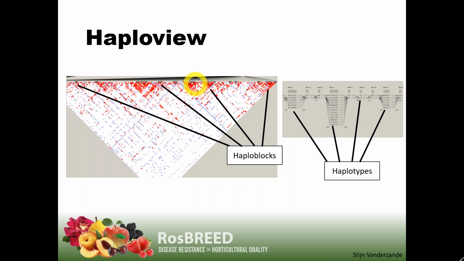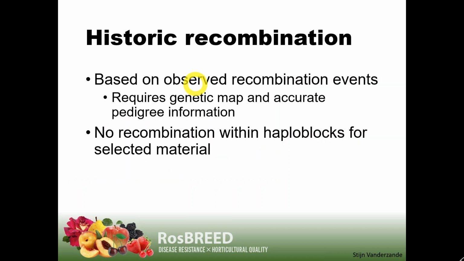I'm not going to go much more into detail about HaploView because it's not the way we've been doing it in RosBREED. In RosBREED, we've been using historic recombination. As I showed last week, with Visual Flex QTL we can follow through generations where recombinations occurred. We used it last time to see double recombinations, but we can also see the normal true recombinations that are occurring.